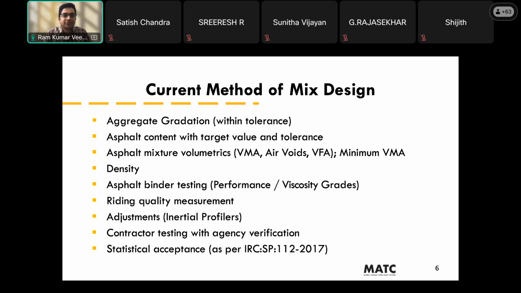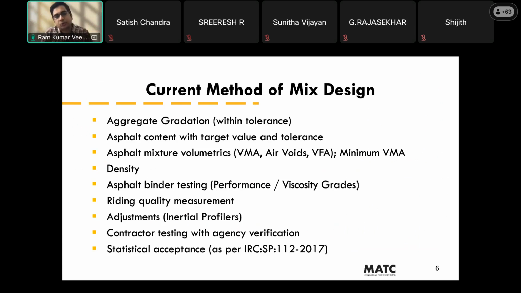So just to give a brief overview of the current methods of mix design that are being used right now. Typically you look at your aggregate gradation, that is, you see if all your aggregates are distributed within the tolerances and meeting the specific design tolerances.